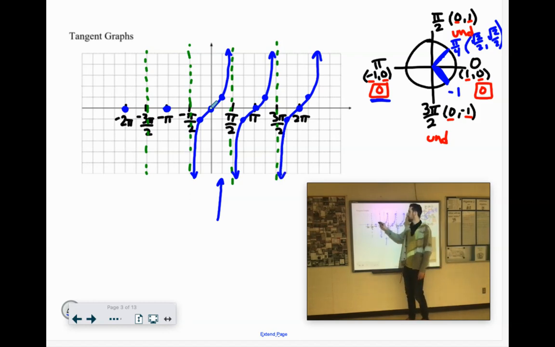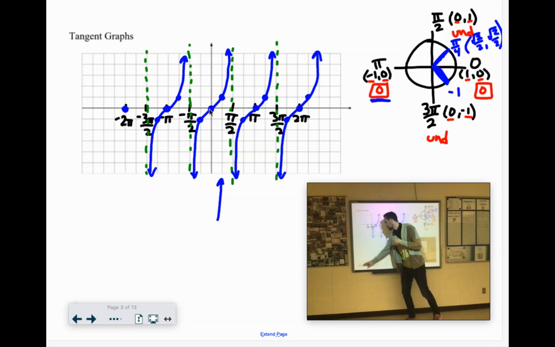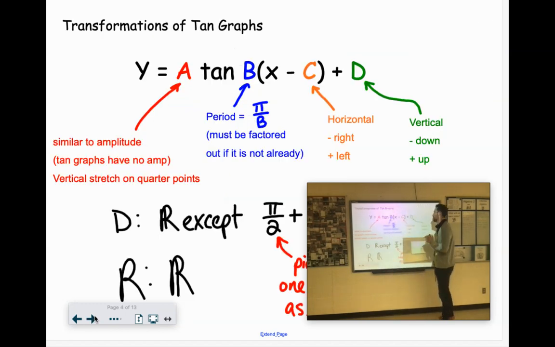And it looks the same in every column. So there we just graphed 4 cycles of tangent, right? And it gets easier the more you do it. To me, actually, tangent becomes the easiest one to graph after I practiced a few times.